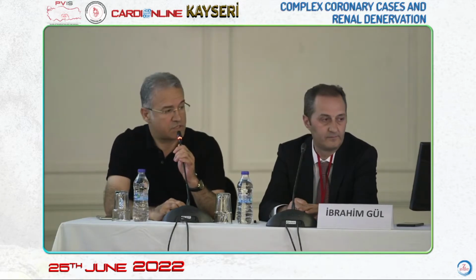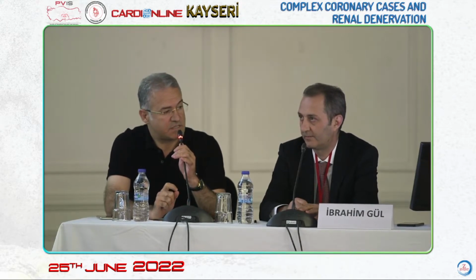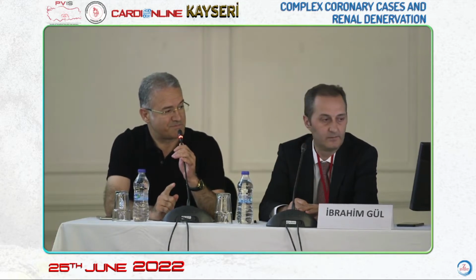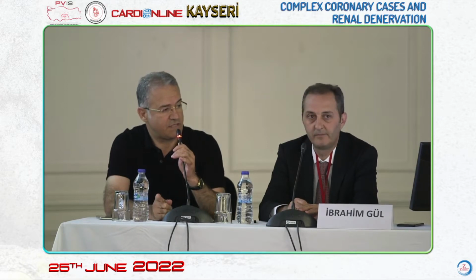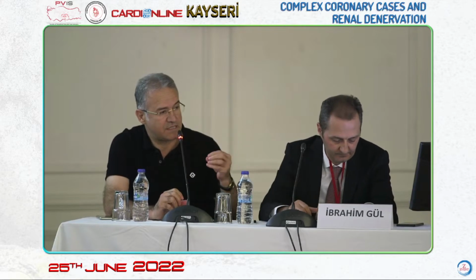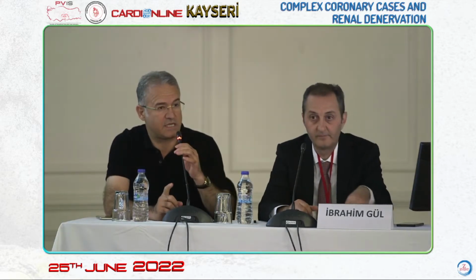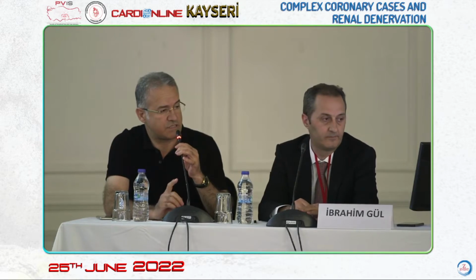What I do is that if there's a diagonal LAD bifurcation, if I'm going to take out the jail wire, I take the CX. CX prevents the engagement into the side branch.